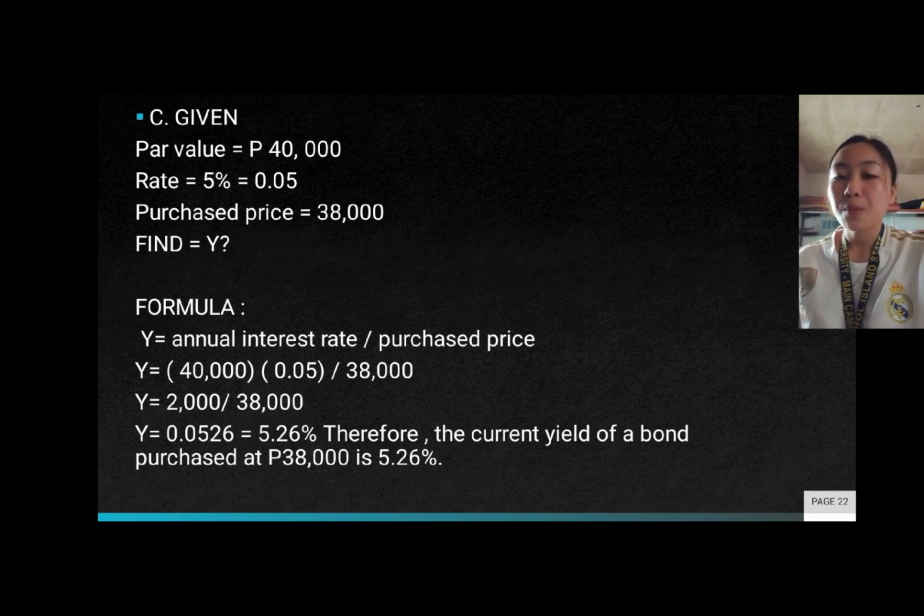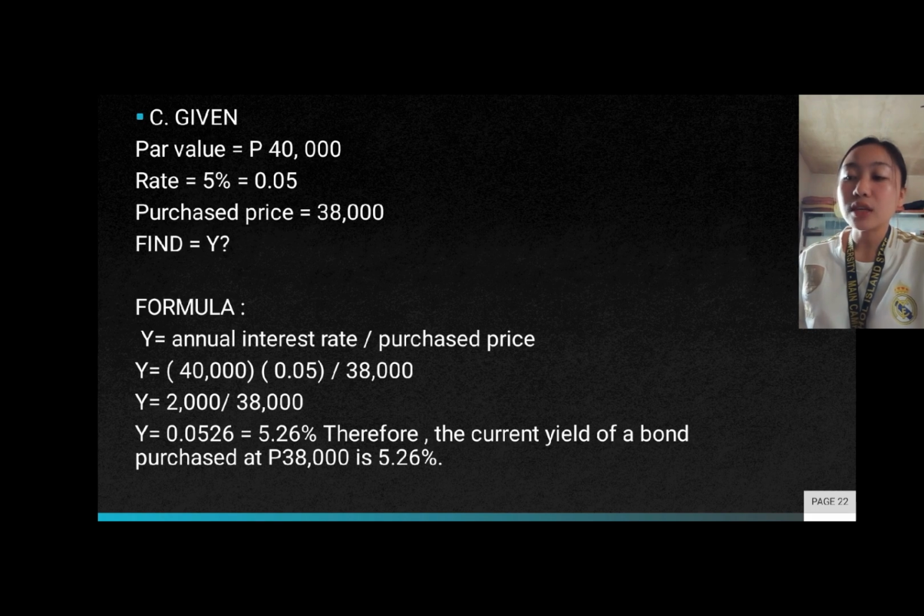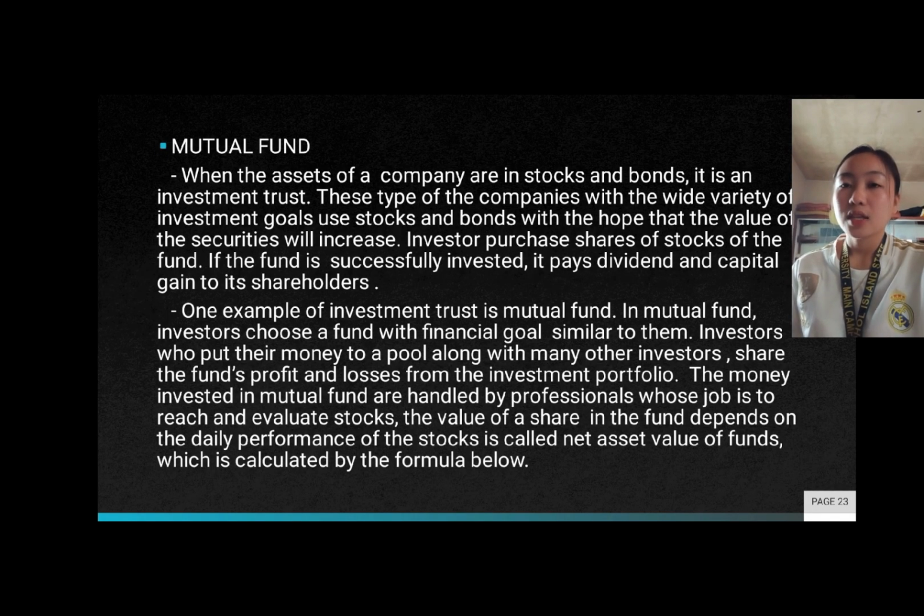Y is equal to 40,000 times 0.05 over 38,000. So Y is equal to 2,000 over 38,000. Y is equal to 0.0526 or 5.26%. Therefore, the current yield of a bond purchased at 38,000 pesos is 5.26%.